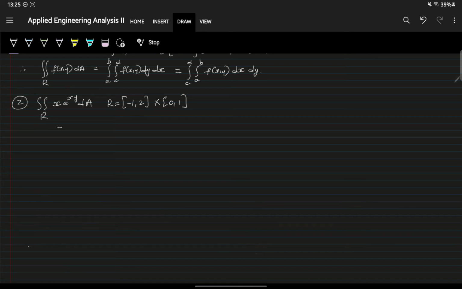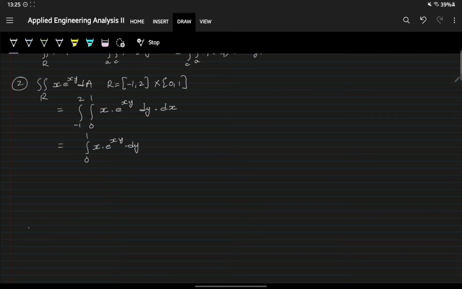So this becomes the integral from -1 to 2, 0 to 1, of x e power xy, dy and dx. But let's first consider the inner term, that is 0 to 1. Here we keep x as a constant and we only integrate with respect to y.